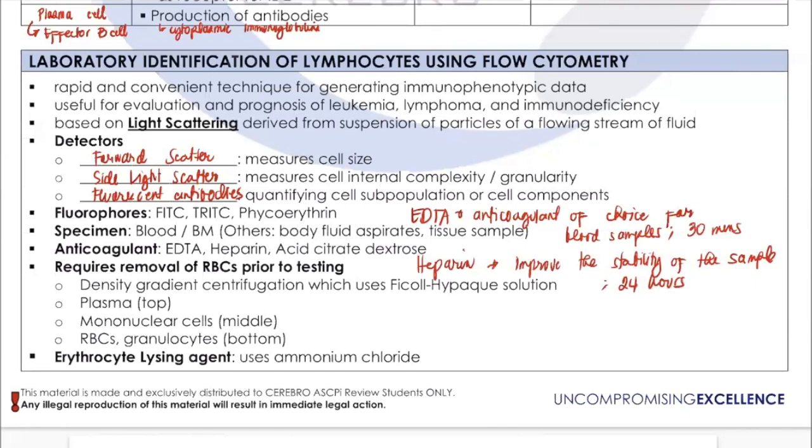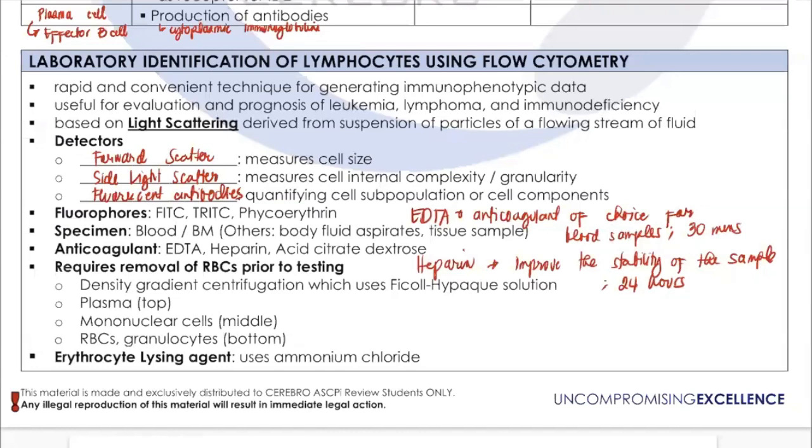Then, this procedure requires removal of red blood cells prior to testing. The very reason is that our red blood cells are most of the time almost the same size as lymphocytes, so we have to remove the red blood cells prior to testing. We could use the density gradient centrifugation method, which makes use of Ficoll-Hypaque solution. If we use this, three layers form.